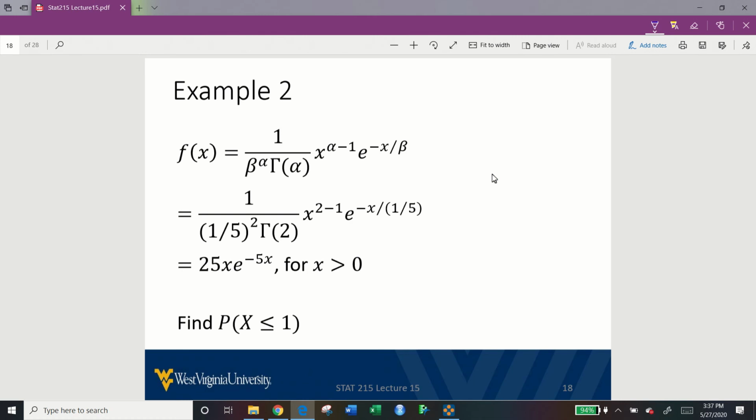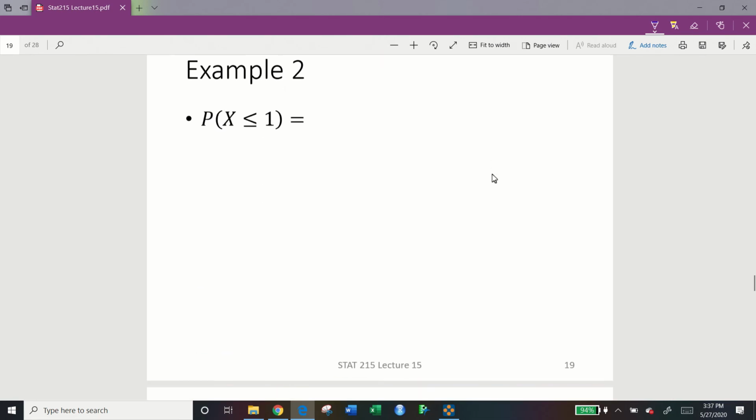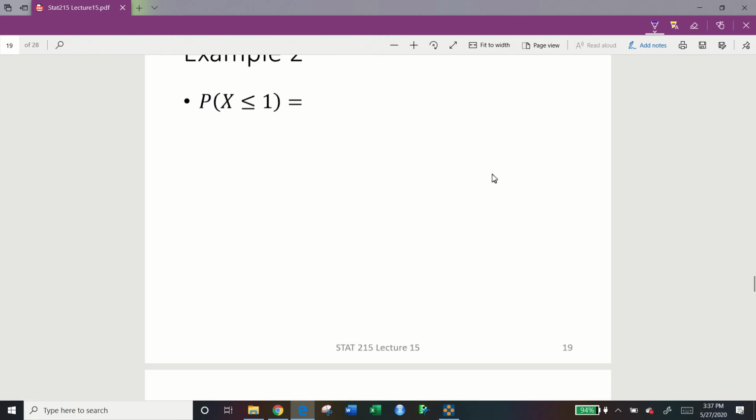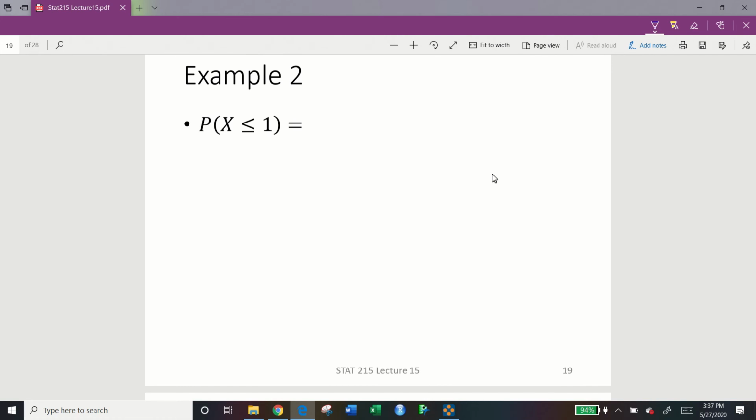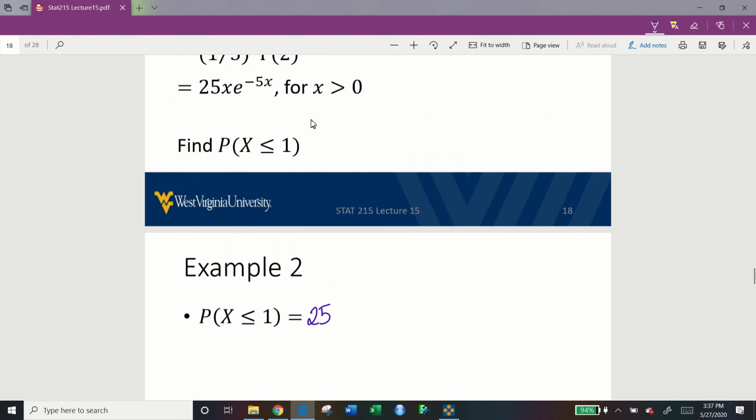Now that we have simplified our PDF, we can find the probability that x is less than or equal to 1. In order to do that, I'm going to go ahead and pull that 25 out, just so I don't have to flip back and forth.